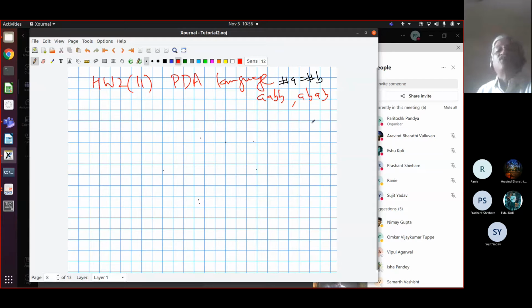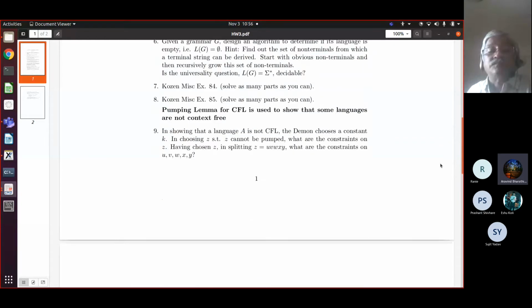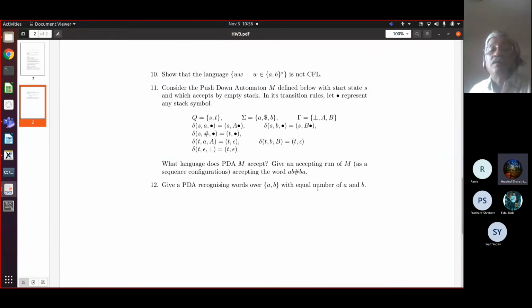But let's do this. So what kind of push down automaton will recognize an equal number of A's and B's? Any? Sir, I had a question about the notation used in the 11th question. Yeah. This is homework 3, right? Not 2. This is homework 3. Yes. So in the 11th question there's an additional letter, the dollar. Oh, in question 11, there is a typo. The alphabet is A, hash, B. Hash is an additional letter. The dollar is a typo because the rules are only on A, B and hash.